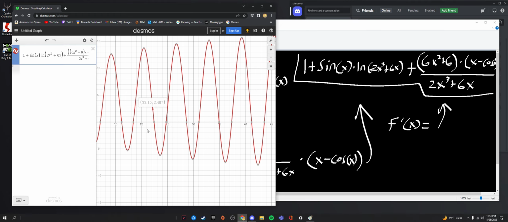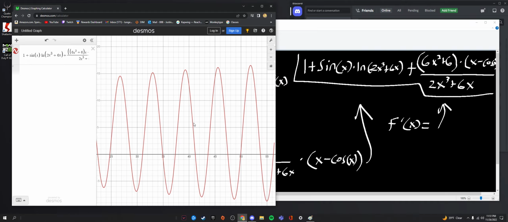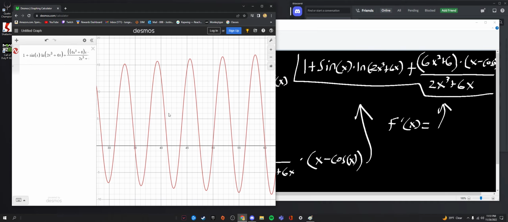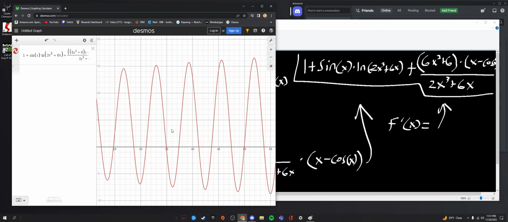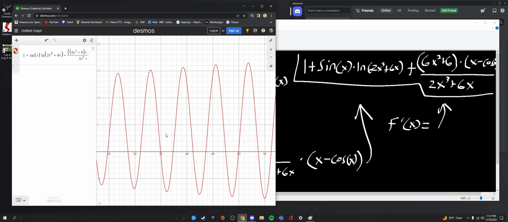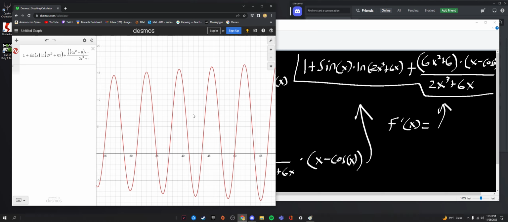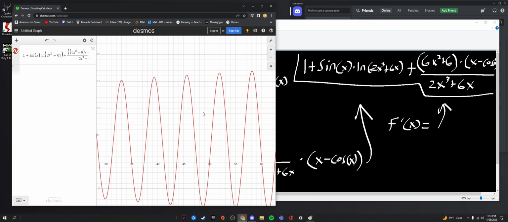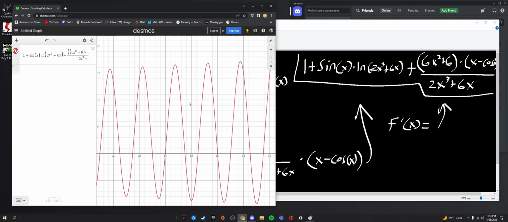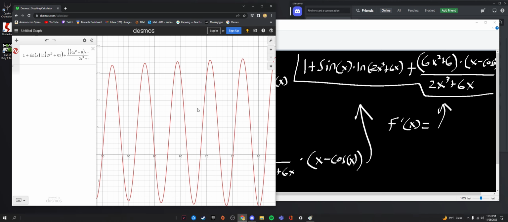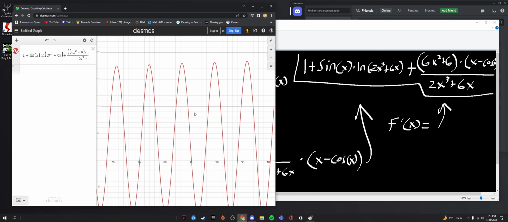That's actually kind of cool. I didn't graph this out earlier, but it's still periodic, and I'm not super in tune with the wave functions, but I think its wavelength or something increases as your x gets larger, which is kind of a cool function.